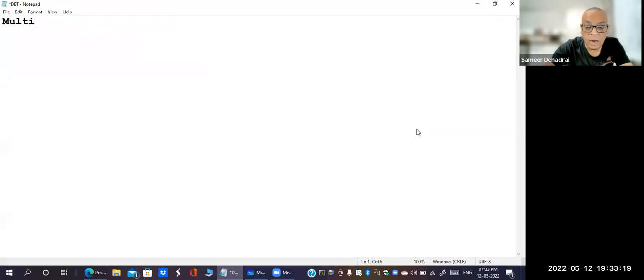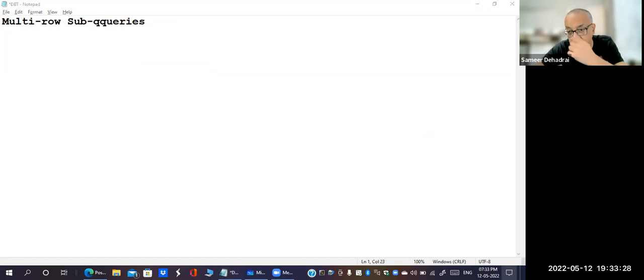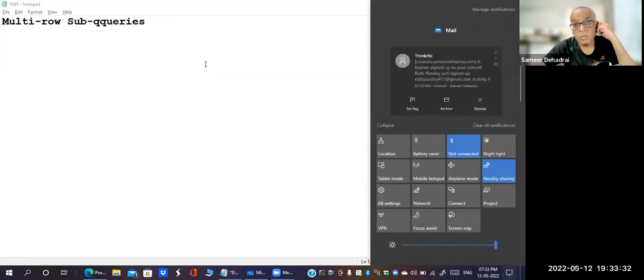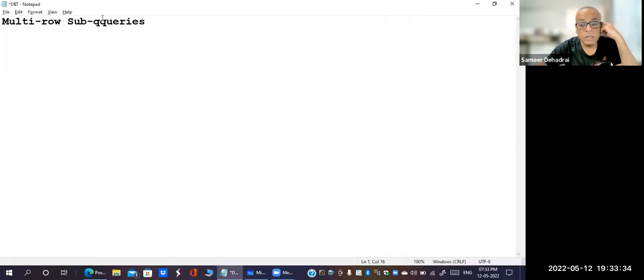Let's understand multi-row subqueries. What is a multi-row subquery?